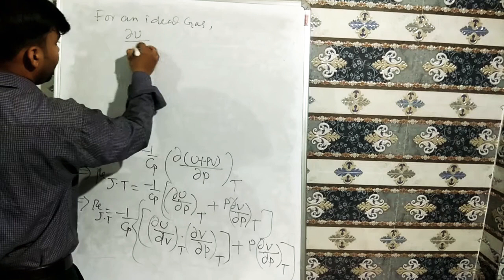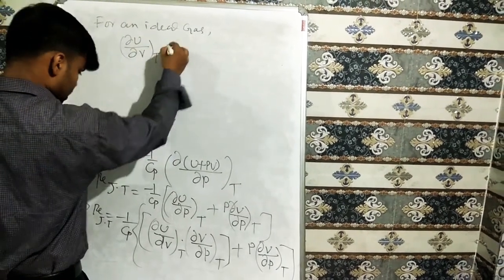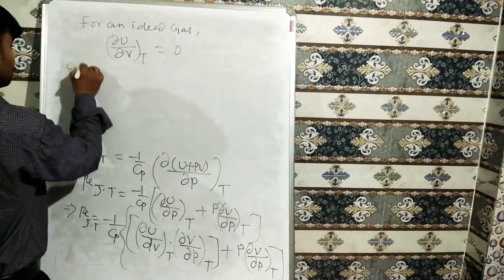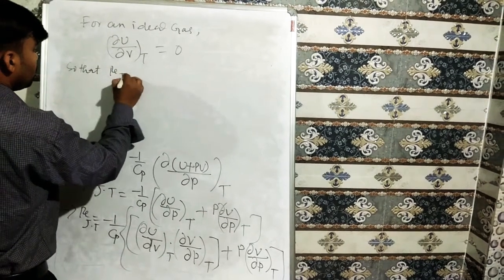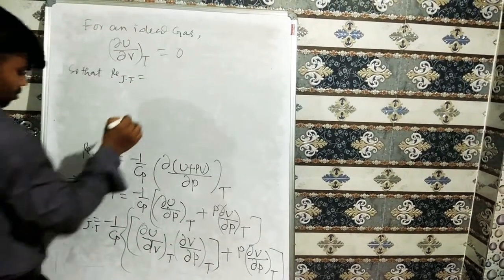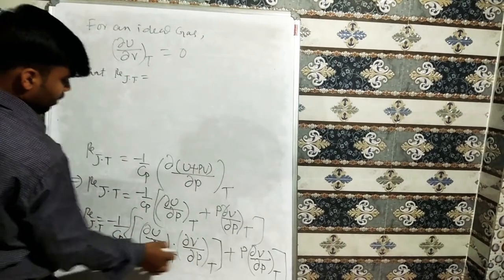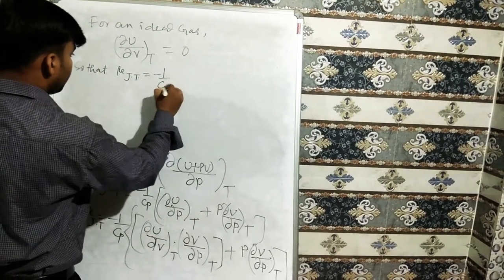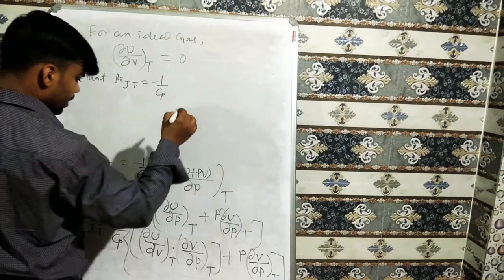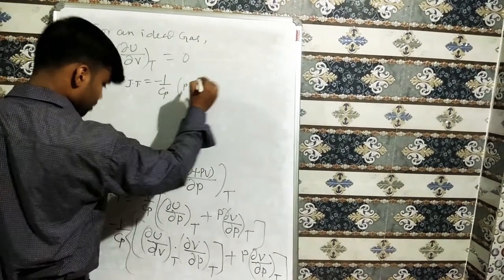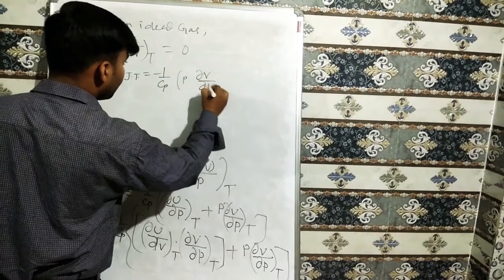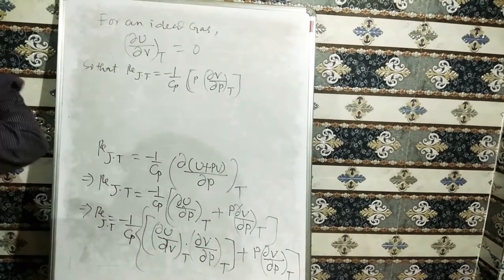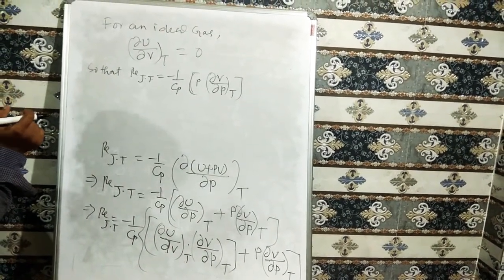So that mu JT is equal to, this term is 0 into del V by del P at constant T is equal to 0, so that we get mu JT equal to minus 1 by Cp into P del V by del P at constant T.